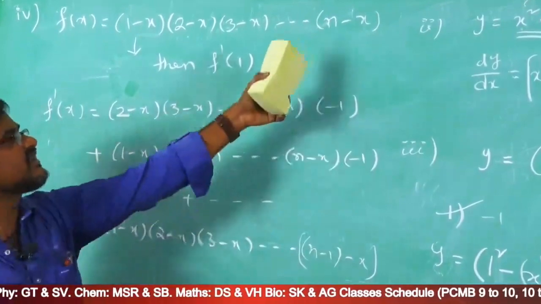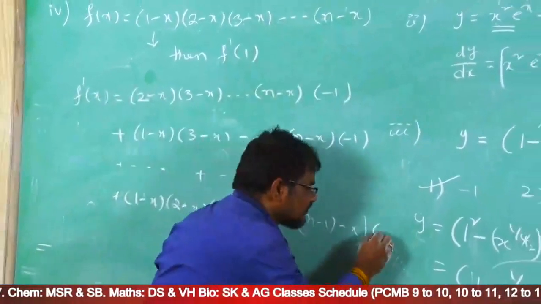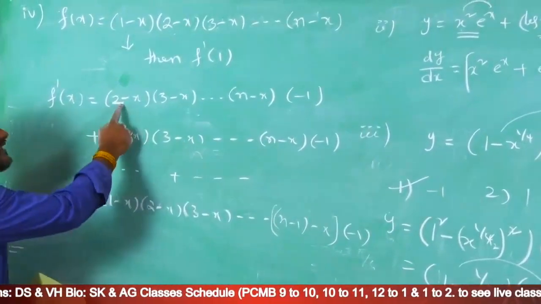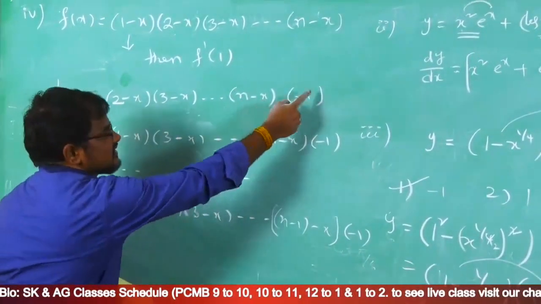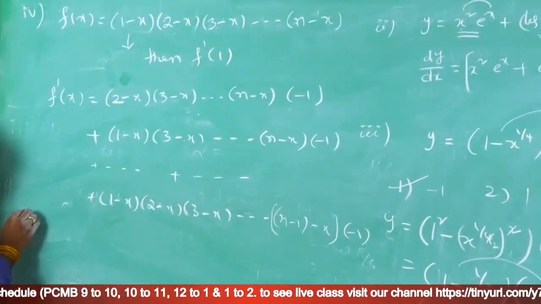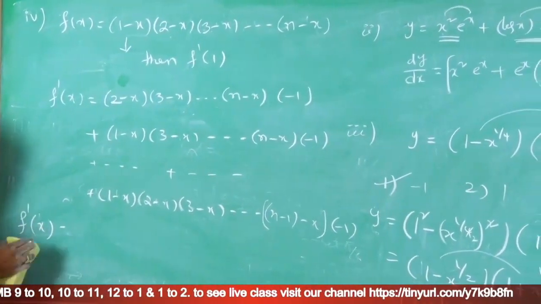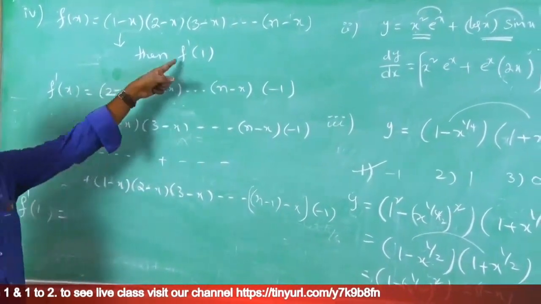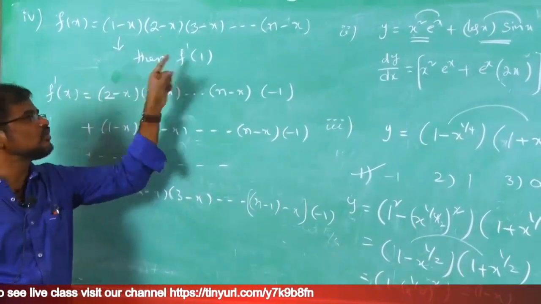Now differentiate the last one, that is minus 1. In this one minus 1, here also minus 1, here also minus 1. Now put the x value as 1, because they are asking f dash of 1. Substitute x equal to 1.